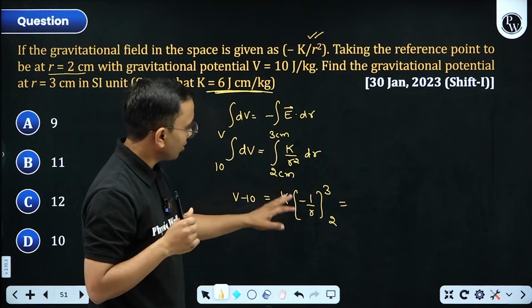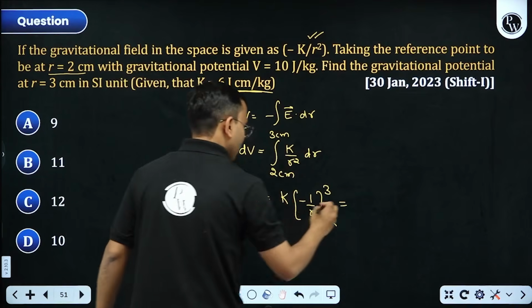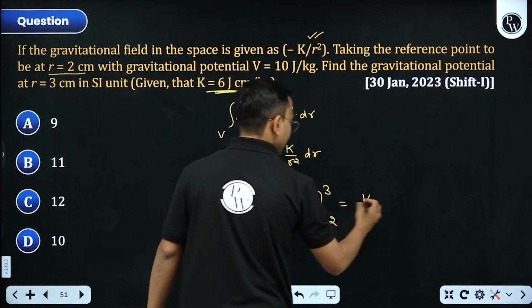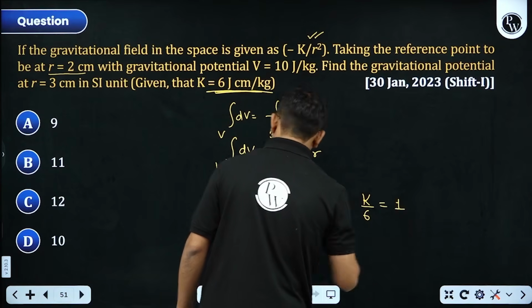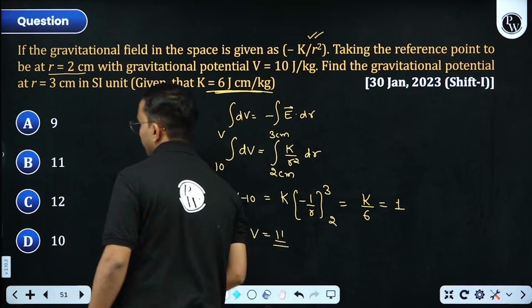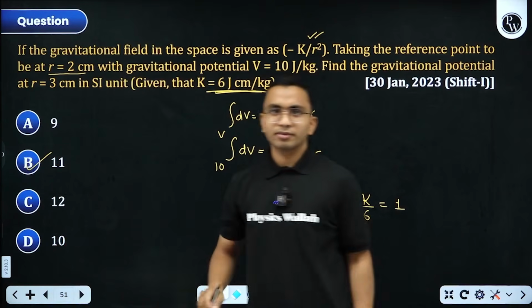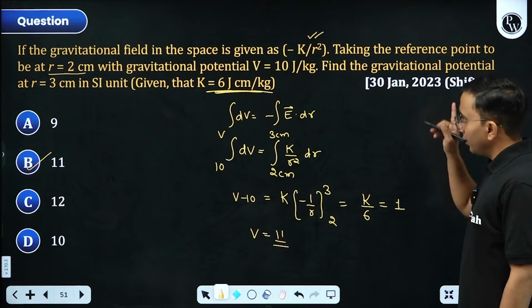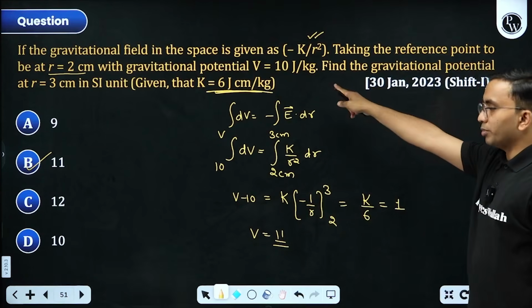So minus is there. So 1 by 2 minus 1 by 3 is 1 by 6. So this becomes K by 6. K is 6. So this becomes 1. So V comes out to be 10 plus 1, which is 11. Option B. So here they change the reference and they consider that reference to be at 10 joule per kg.